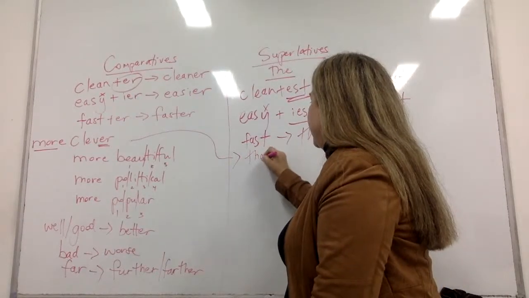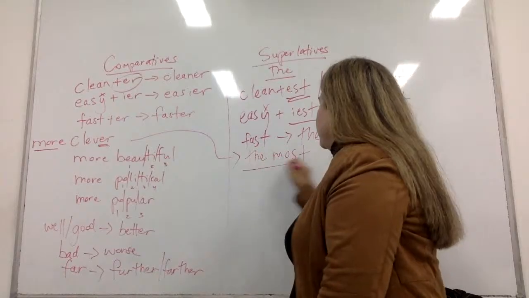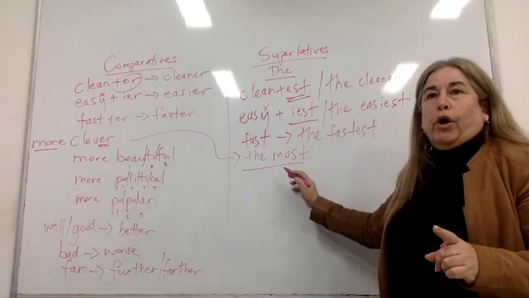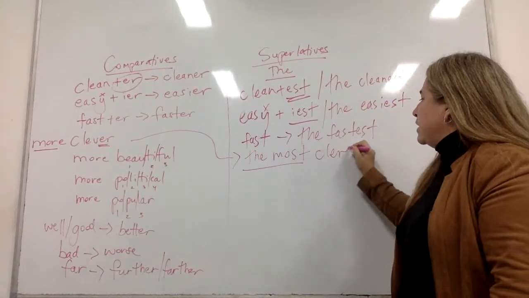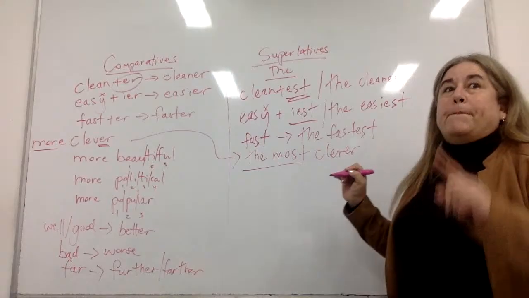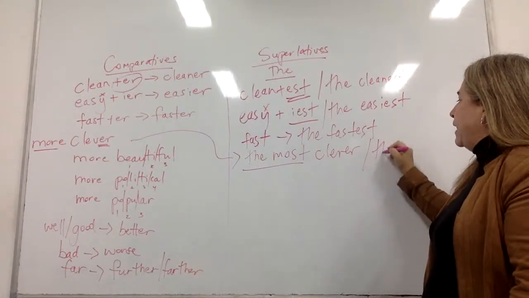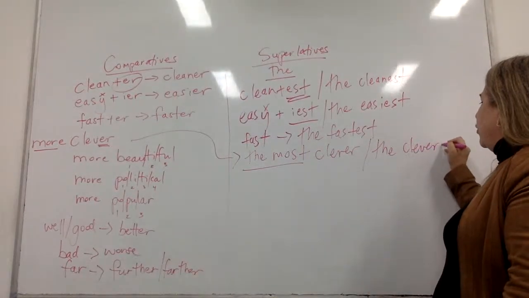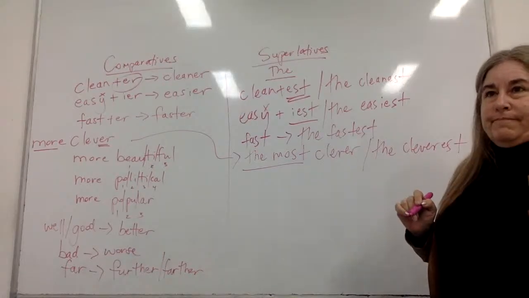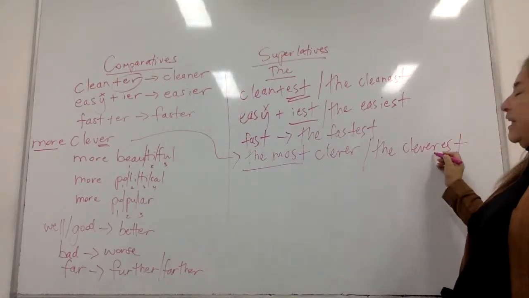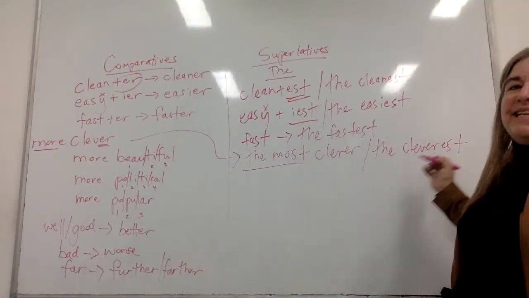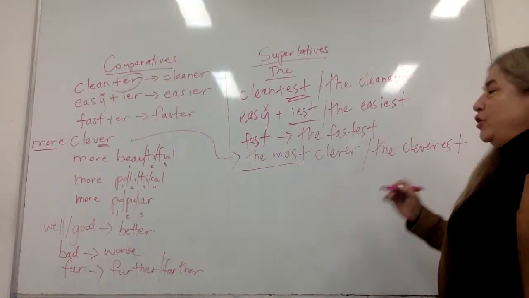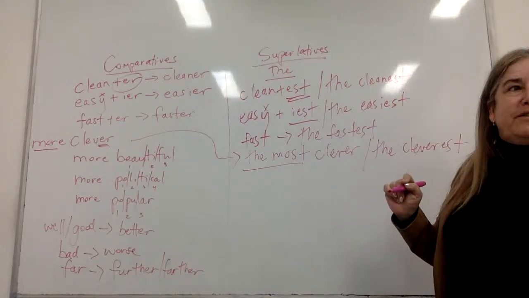Maybe you want to say that? The most. So this replaces more. So you can say the most clever. But you could also say the cleverest, because now I have clever, but I add EST, not ER.